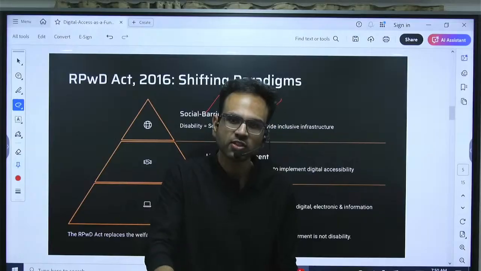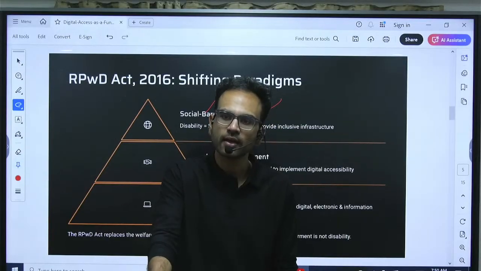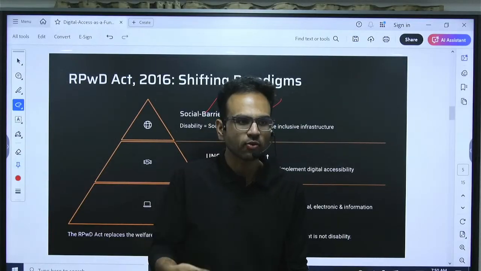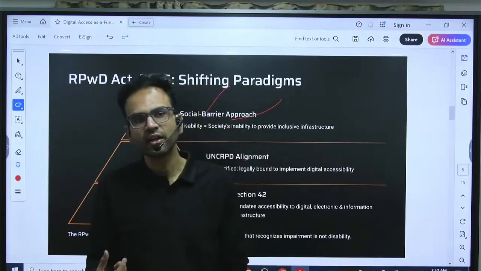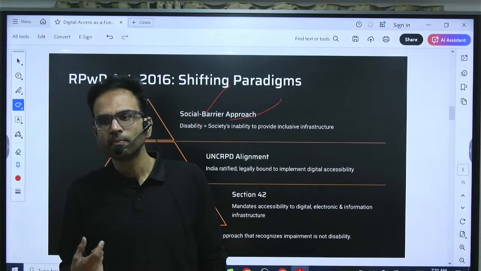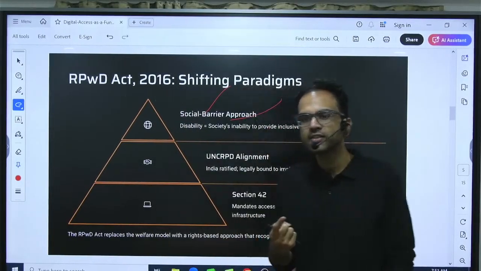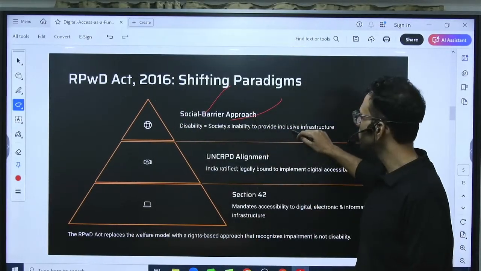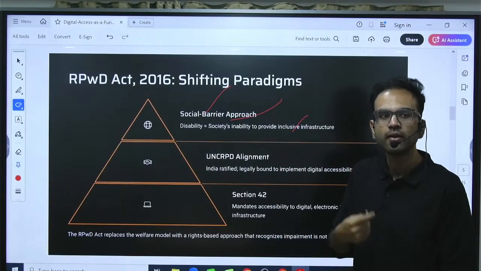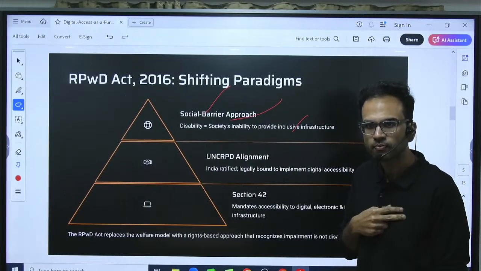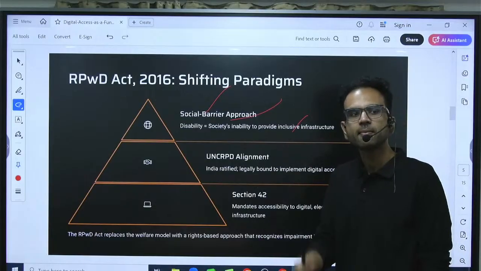It is the responsibility of the state to acknowledge them and give them a sense of belonging. Otherwise, it will create a disturbance in the society. So we are not looking at disability as an individual problem, but the responsibility of the state to give inclusive infrastructure. That is why it is a paradigm shift.